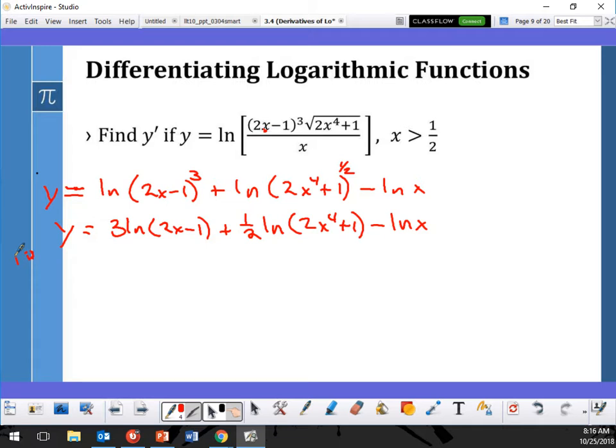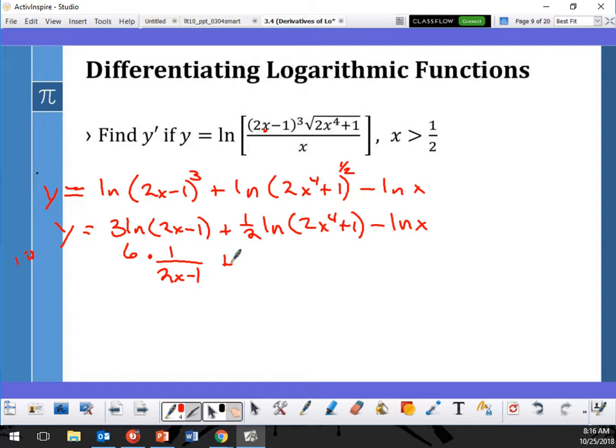Now we're just going to take the derivative of each part. The derivative of this is going to be a chain rule now. The derivative of the inside is going to be 2, times the 3 that's already out here, so it's going to be 6, times, what's the derivative of the ln? 1 over 2x minus 1. Very good.